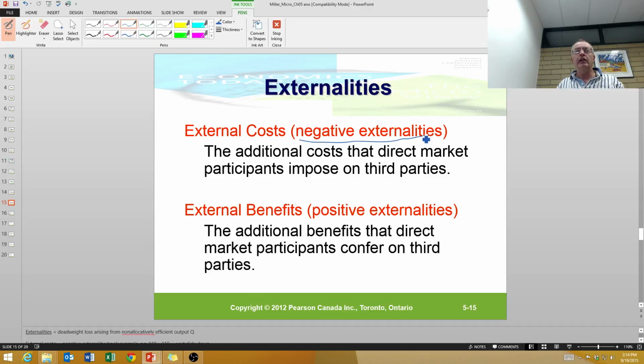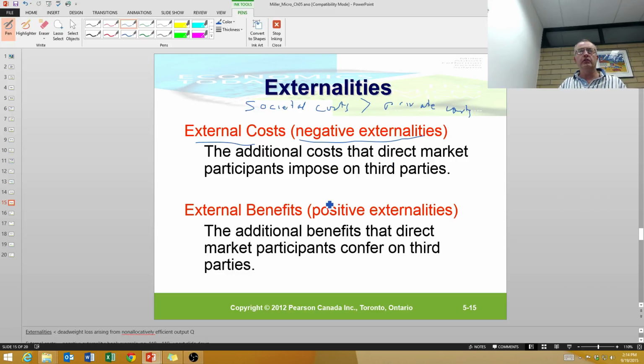A negative externality, the authors call it an external cost. So this is a situation where societal costs are greater than private costs.